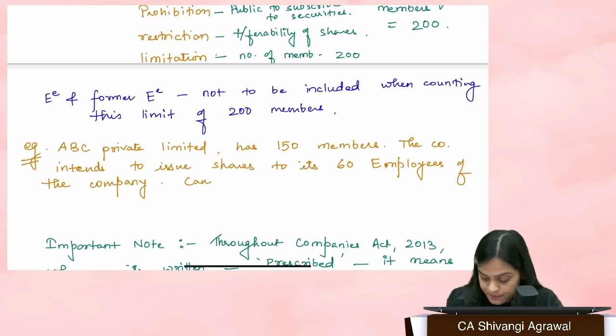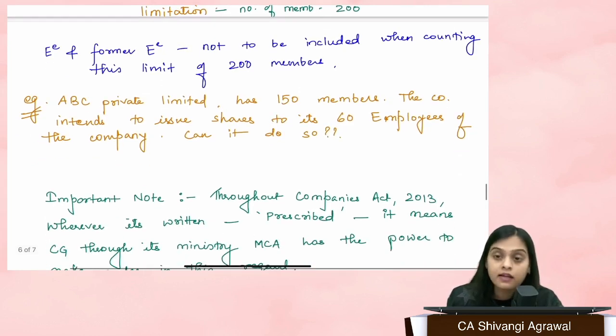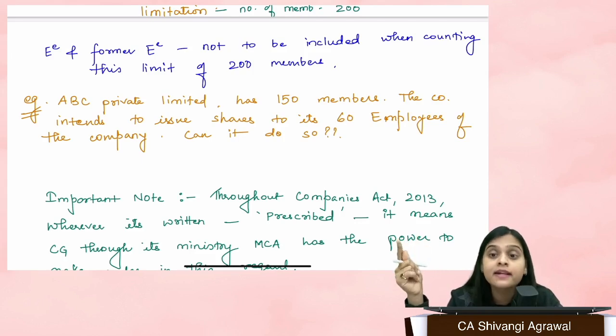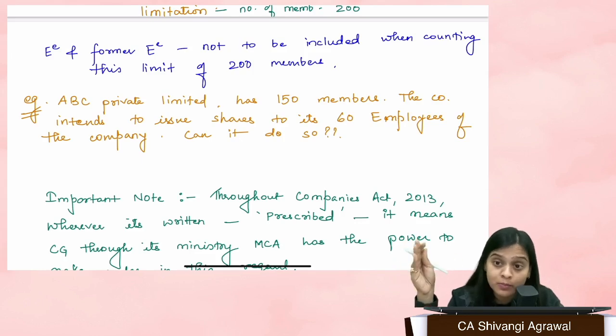Can it do so? See, if there are 150 members and we issue shares to 60 more employees, the total will come out to be 210 members, right? So that will cross the limit which has been stated for a private company.